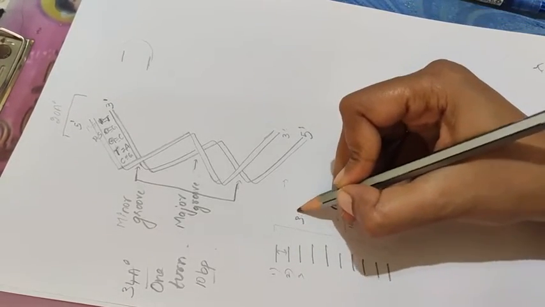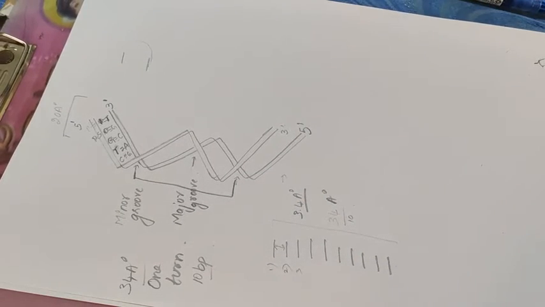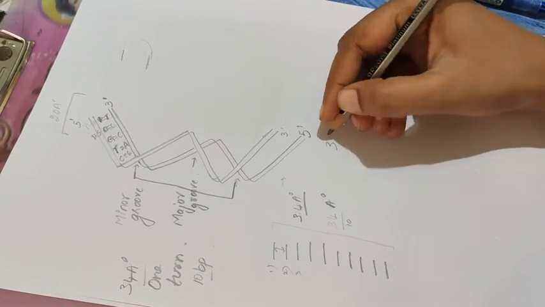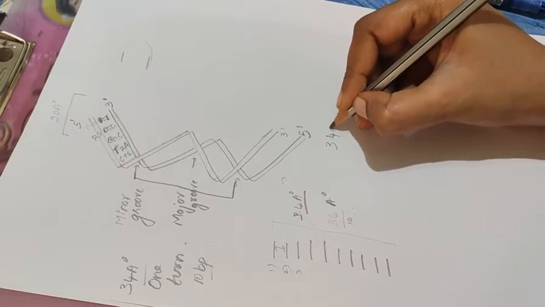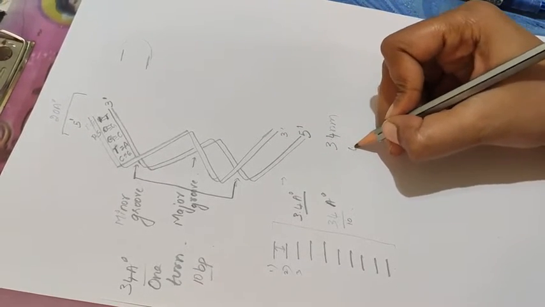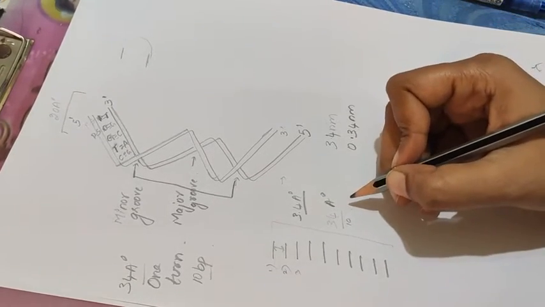That is 3.4 angstrom. Otherwise, you can also say it in terms of 0.34 nanometer. If it is in nanometer, then divide by 10, that is 0.34 nanometer. Am I clear?